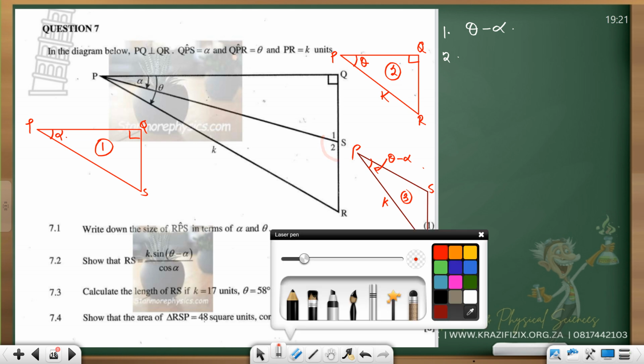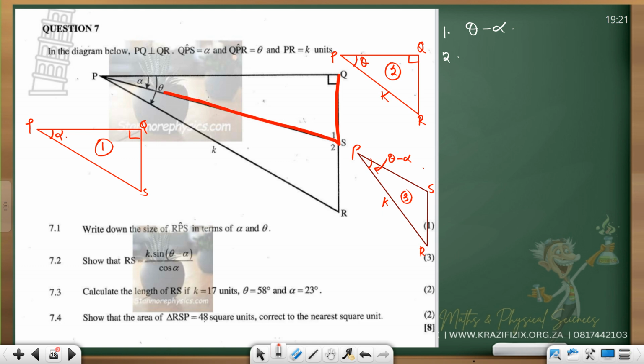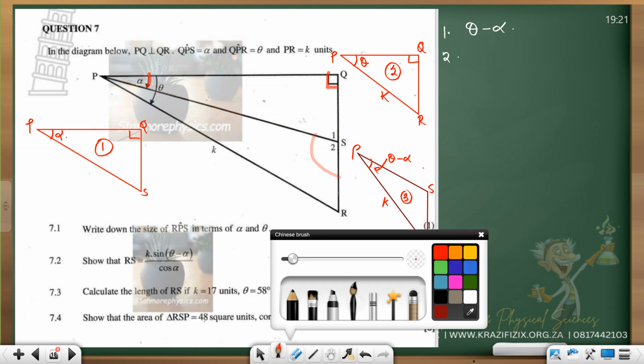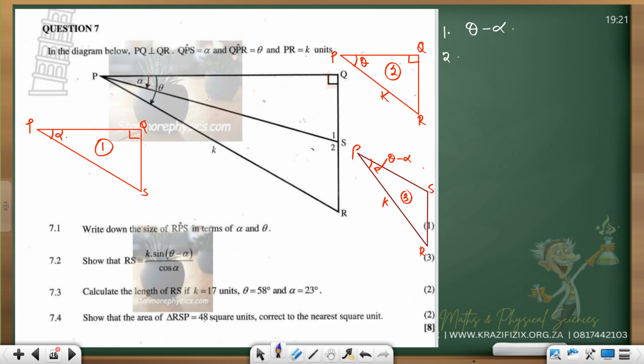Let's do a bit of geometry. Q, Q, Q. This is an exterior angle. Is equal to sum of opposite interior angle. 90 plus.